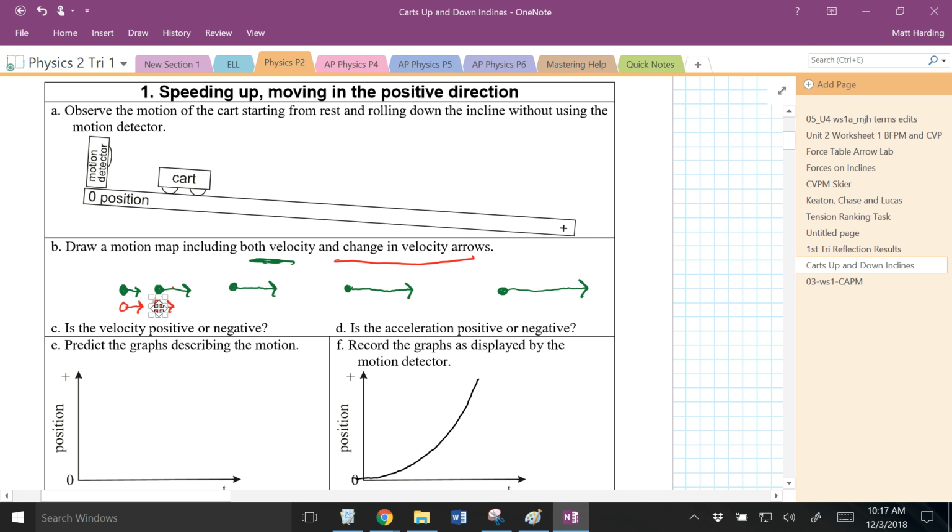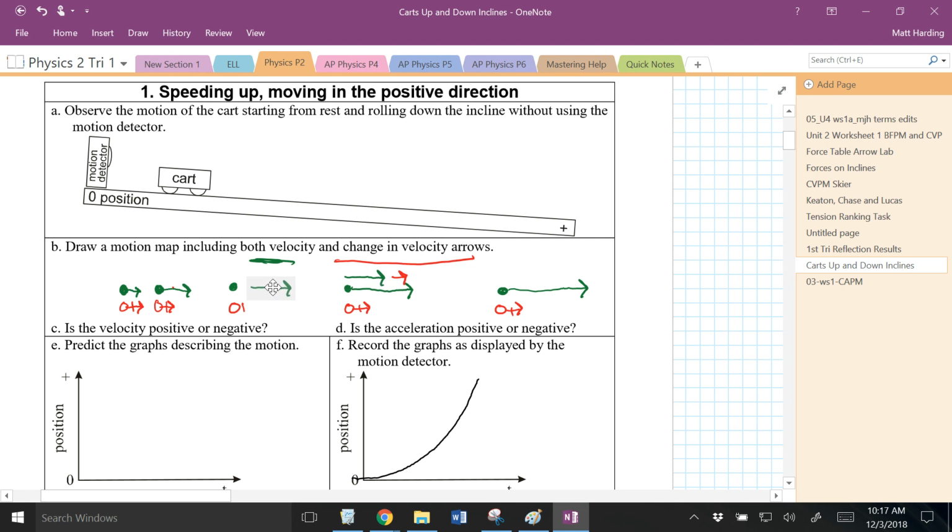And so then for this guy, I'm going to draw it like that. For you, I'm going to draw it like that. For you, I'm going to draw it like that. These all have the same length because, again, the velocities are changing by the same amount every second. So if I take this arrow over here, this is the thing that I'm adding to it to get that next velocity arrow.